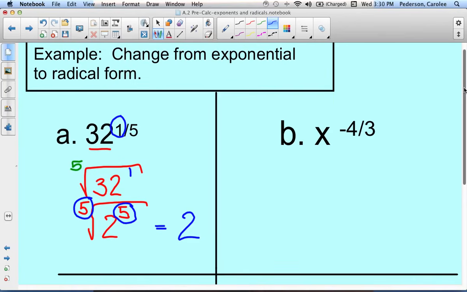Here's an example B where we have x raised to the negative 4/3. Well, we can rewrite this as a positive power. So it'd be 1 over x to the positive 4/3. And now let's take care of that denominator as a radical. So it's 1 over the cube root of x to the 4th power, index is 3.